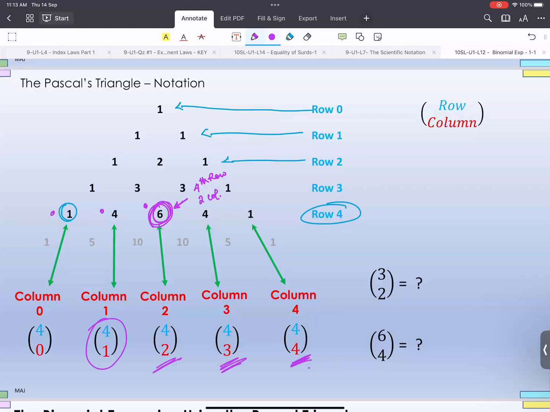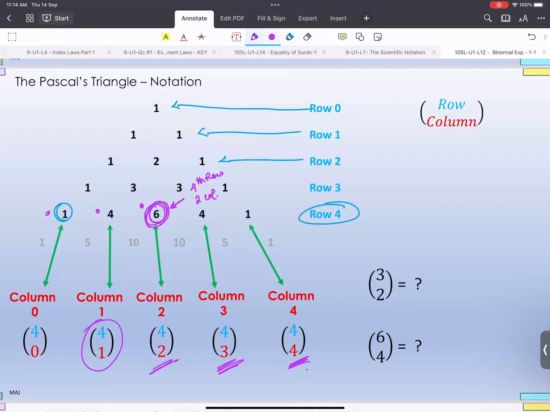We don't use the row-column terminology. We use something called choose, and I'll explain that later at the end of the lesson, why it's called choose, instead of fourth row, second column. So I wouldn't call this fourth row, second column. Fourth row, second column is written as 4-2, and the value of that is 6.